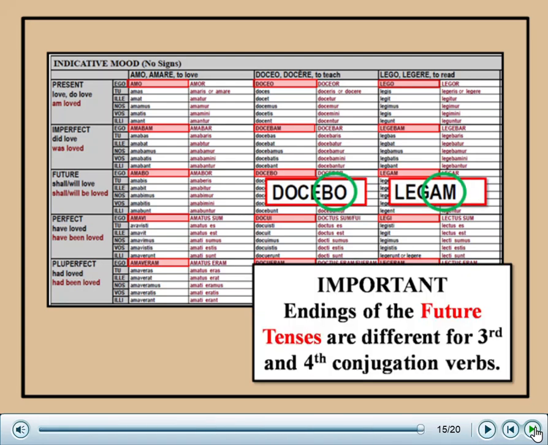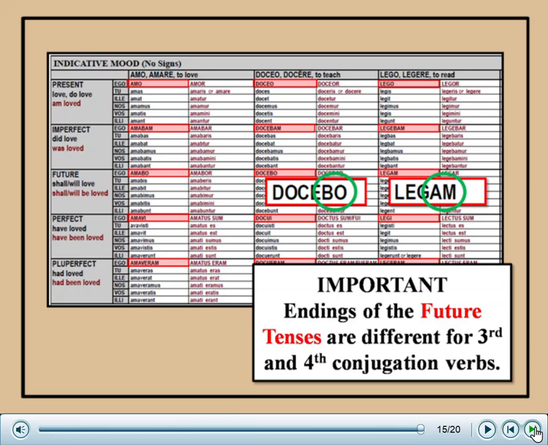It's time for me to make another important point as we move through these forms, just so that you know the sort of things that you ought to be looking for as we work through these studies. We saw before that the sign of the future tense in the first and second conjugations was the ending bo. Here you can see that in the word docebo, the ending bo is circled.